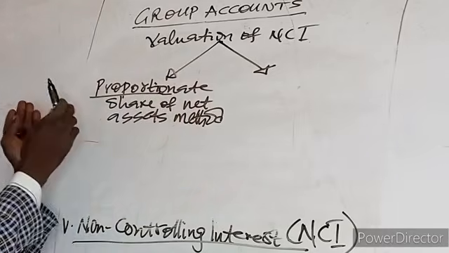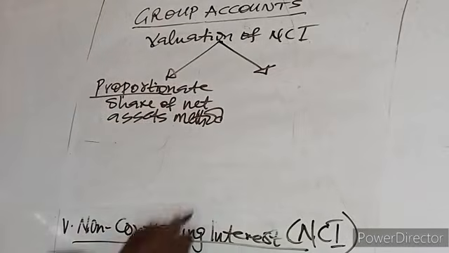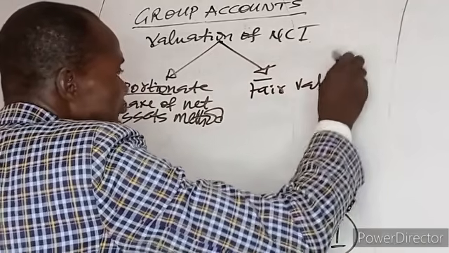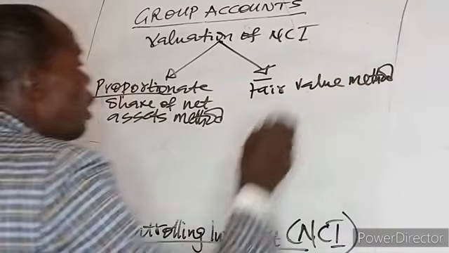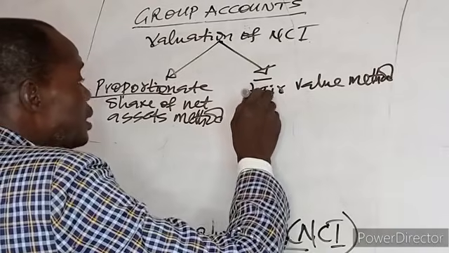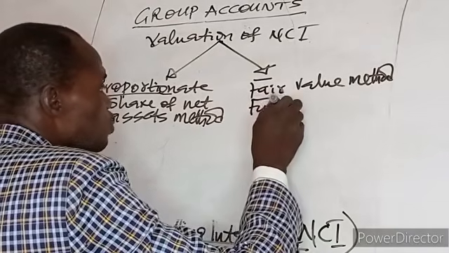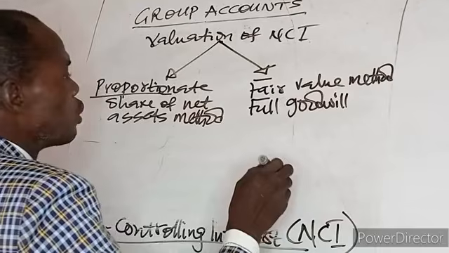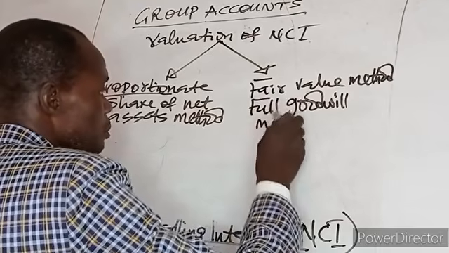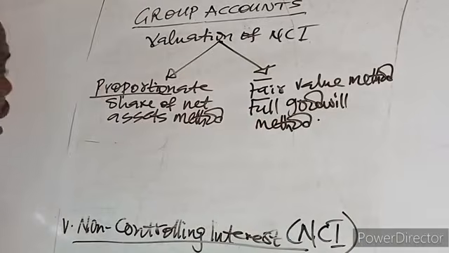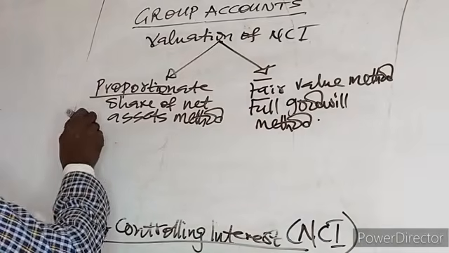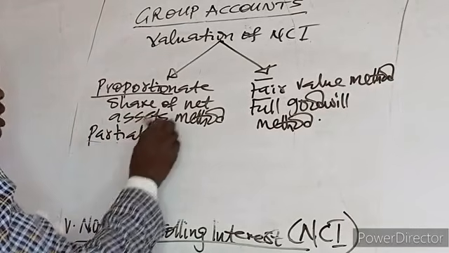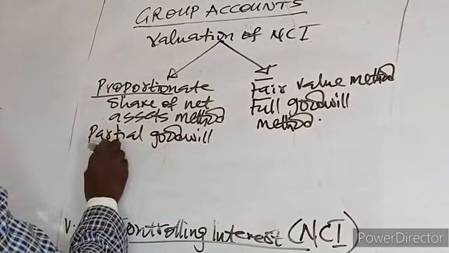The second method is the fair value method. Another word for fair value method is full goodwill method, and another word for proportionate share of net assets method is partial goodwill method.